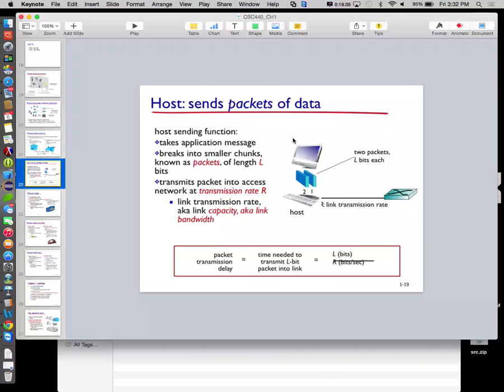Okay. So keeping with our U.S. mail, U.S. Post Office example, if instead of sending 500 one-page things, we send 10-page bundles, we're going to have fewer envelopes to ship out.